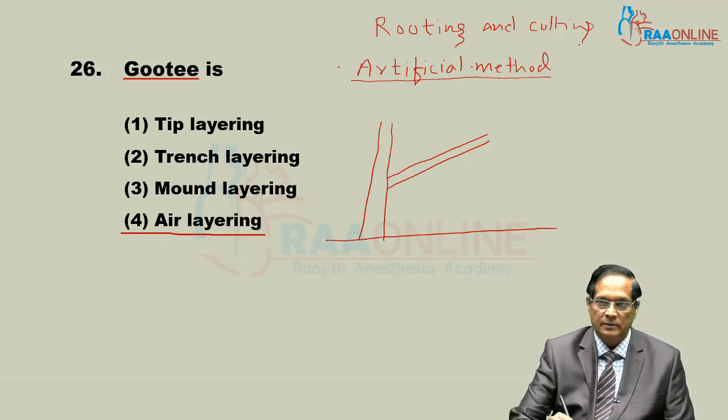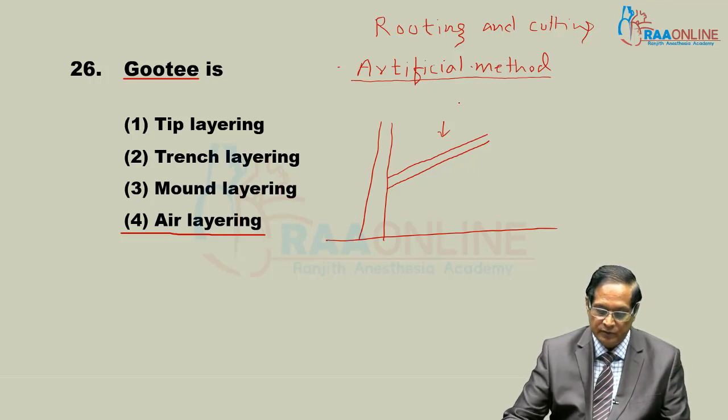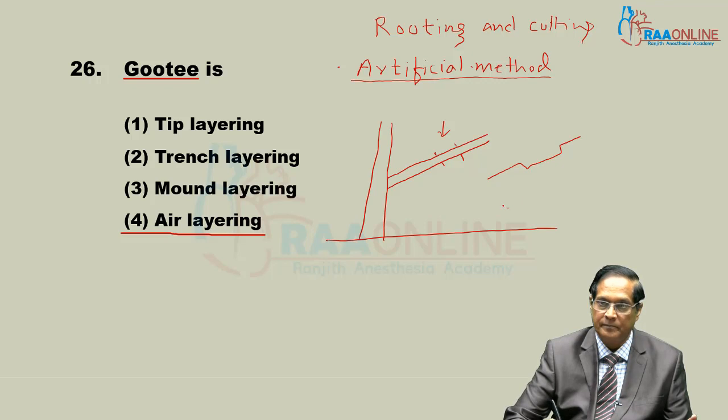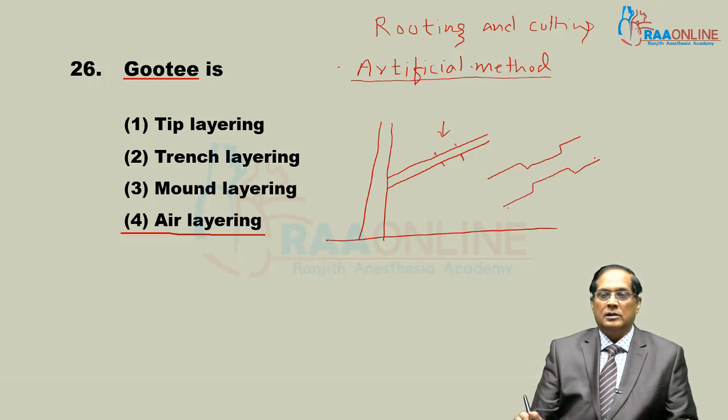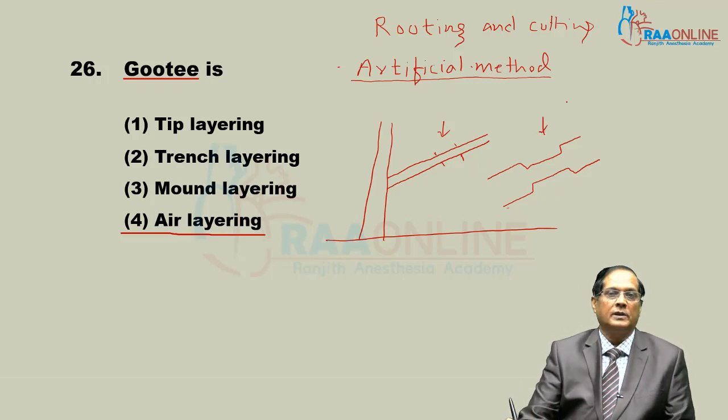So first of all, in this branch, from a portion, bark is removed. Suppose from this area, bark is removed like this.